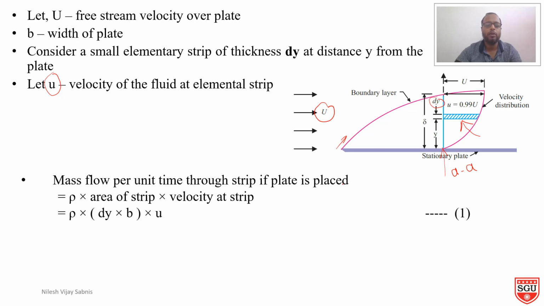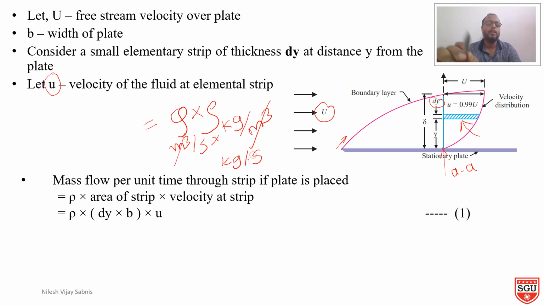Now we have to calculate mass flow rate, which is nothing but mass flow per unit time through that strip. So how are we calculating mass flow rate? Q into density. Q is in meter cube per second, density is kg per meter cube. So meter cube will cancel and kg per second will remain.